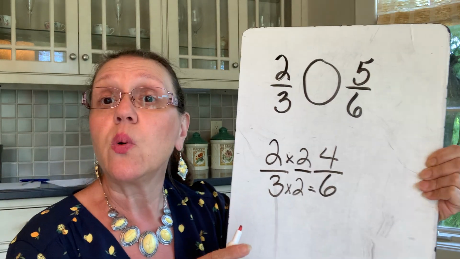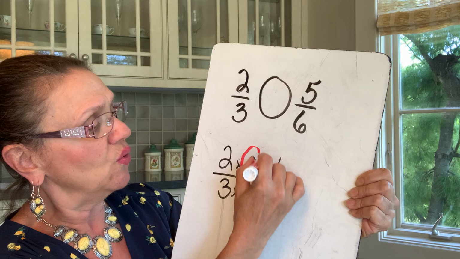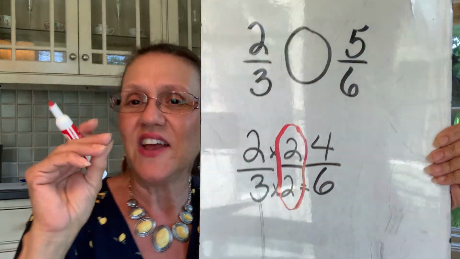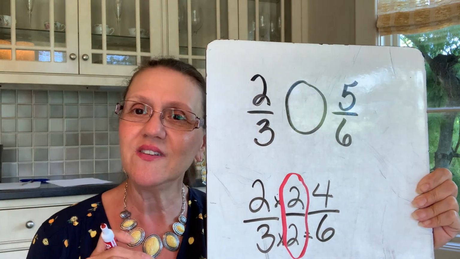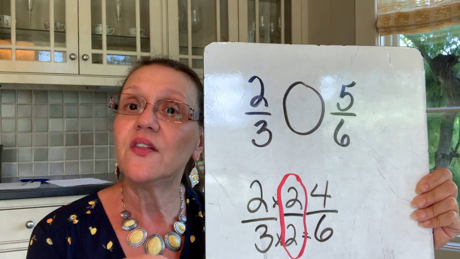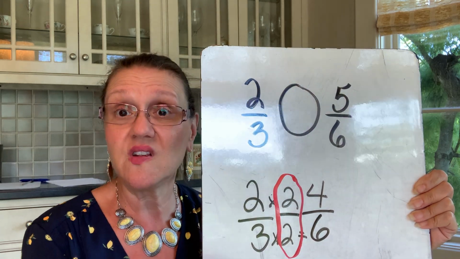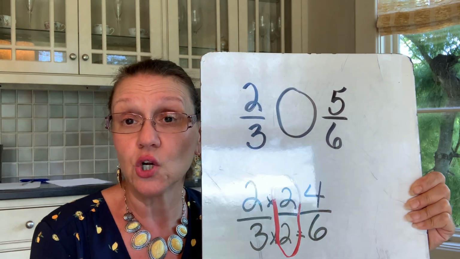These are equal or equivalent fractions because we ended up multiplying by 2/2, which is the same as 1. And the identity property says when you multiply a number by 1, you get the same number. In this case, the value is the same. So 2/3 of a Hershey bar is the same as 4/6 of a Hershey bar.